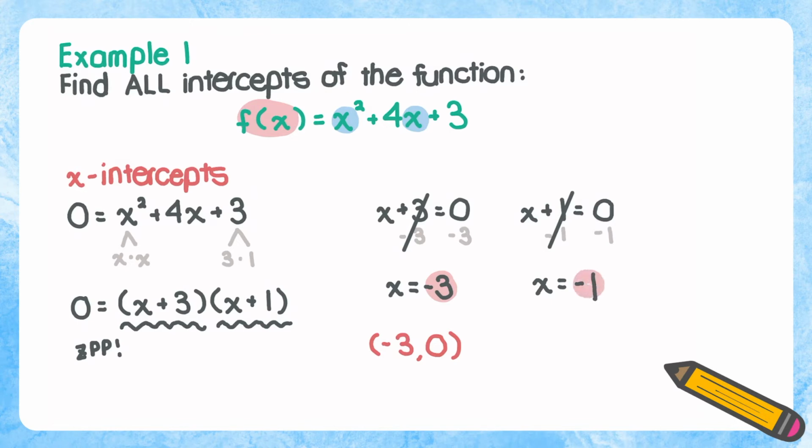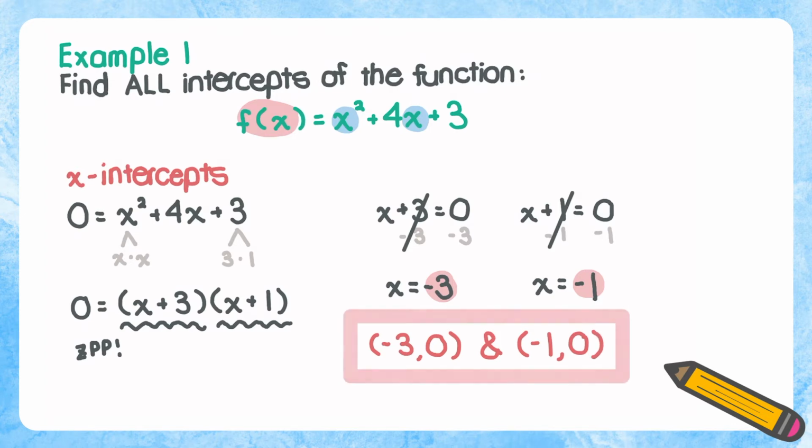So when y is 0, another solution is that x is -1. So I have another x-intercept at (-1, 0). So I have two x-intercepts at (-3, 0) and (-1, 0).